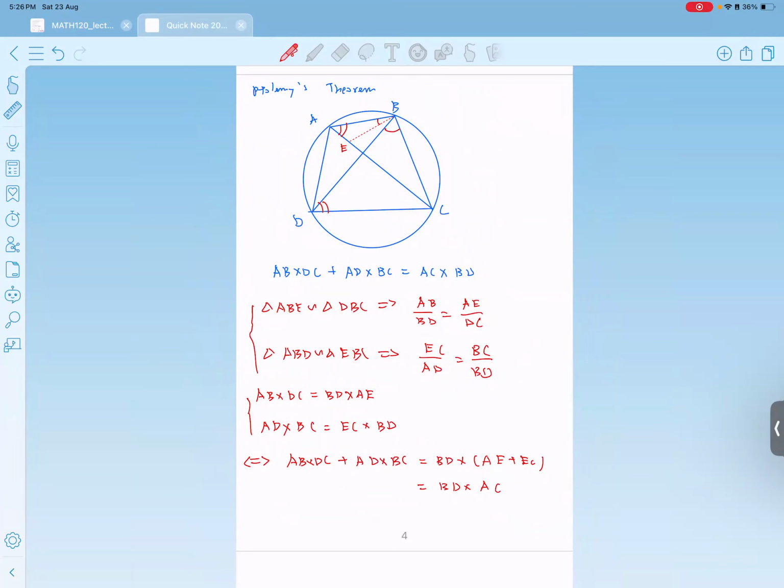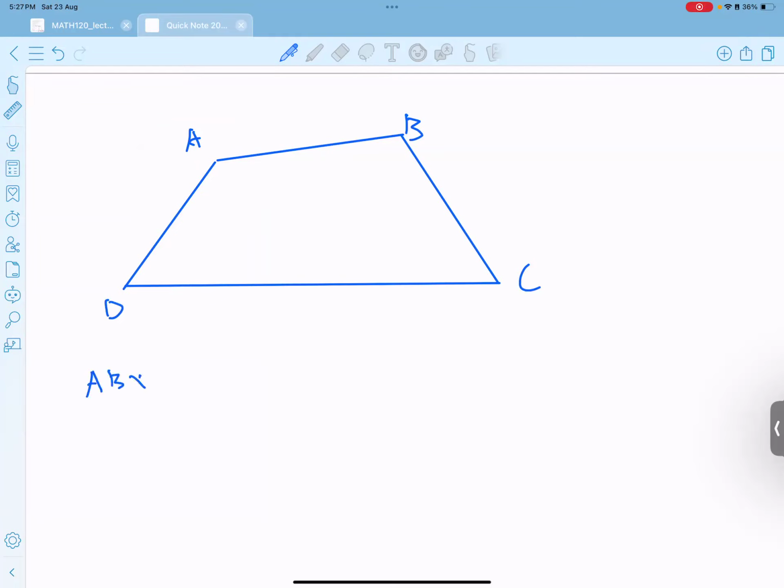So that's Ptolemy's theorem, and this is also Ptolemy's inequality. If you have any convex quadrilateral, that's not necessarily cyclic, then in general you'll have AB times DC plus AD times BC.